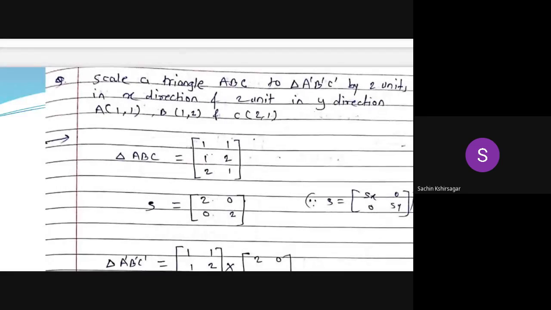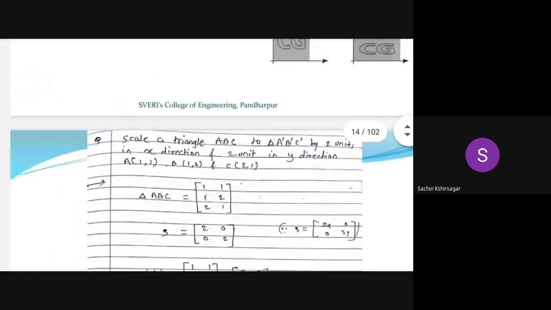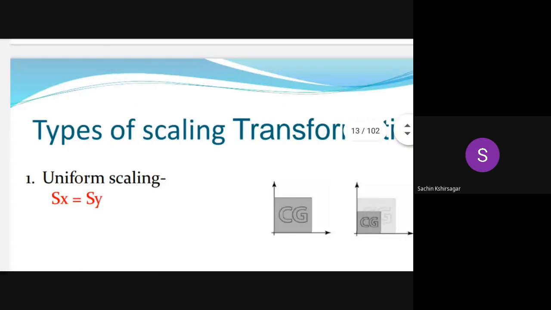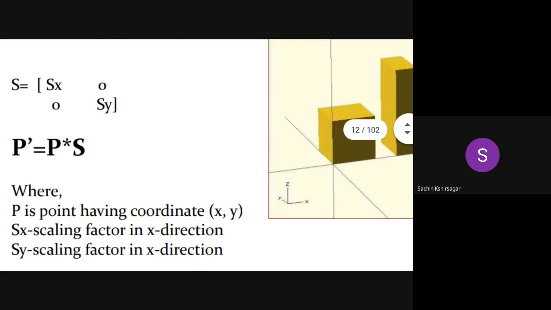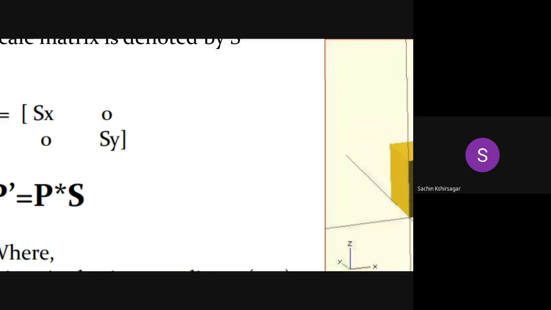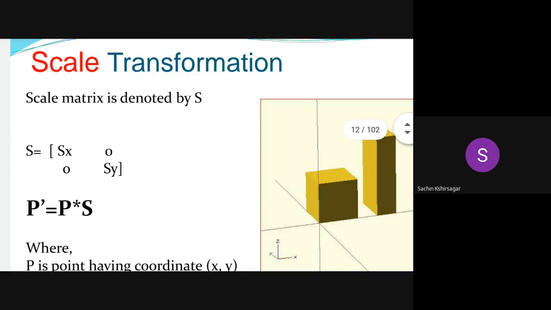Now we know the standard formula for the scale, which we have seen in the previous slide. S is equal to the matrix [Sx 0; 0 Sy]. Sx is the scaling in the x direction and Sy is the scaling in the vertical direction.